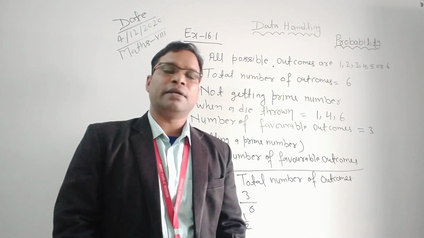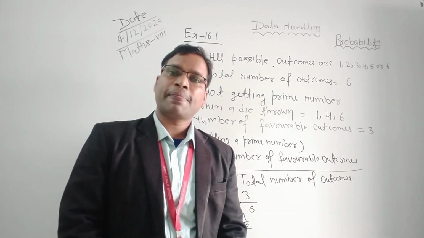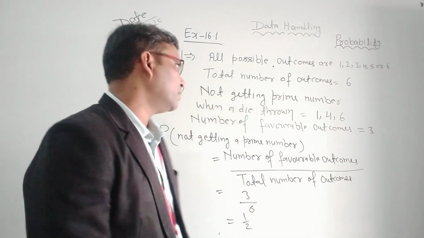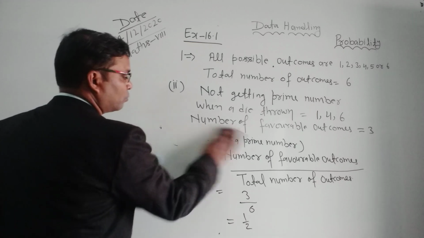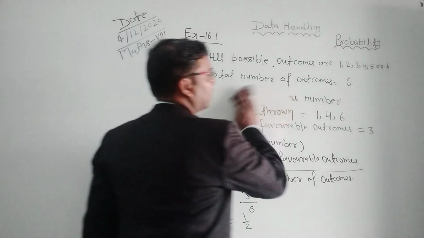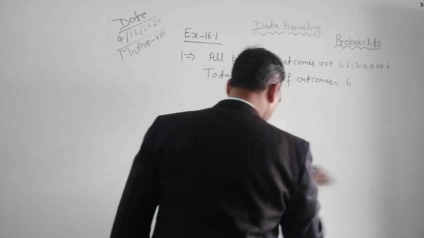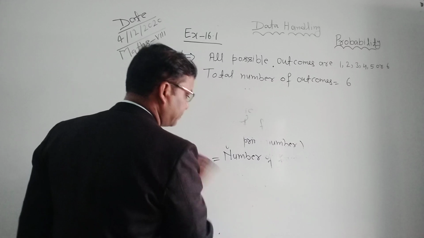Find the probability of getting a number greater than 5. So let's see how to find the probability of getting a number more than 5, or greater than 5.